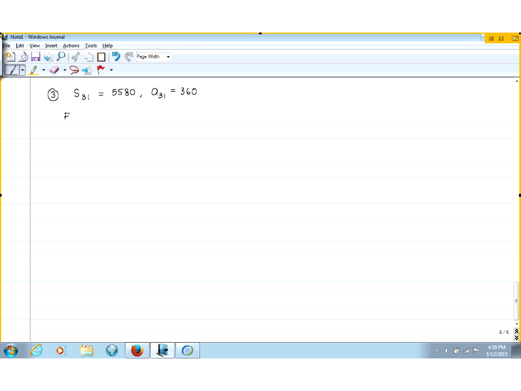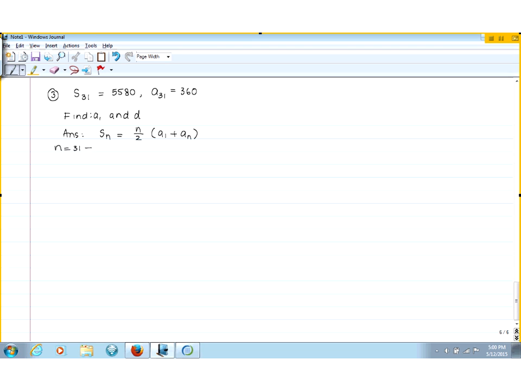So how are we going to find a1 and d? Okay, so we have to find the first term and the common difference. Okay, so we could find a1 first by using this formula. So Sn is equal to n over 2 times (a1 plus an).